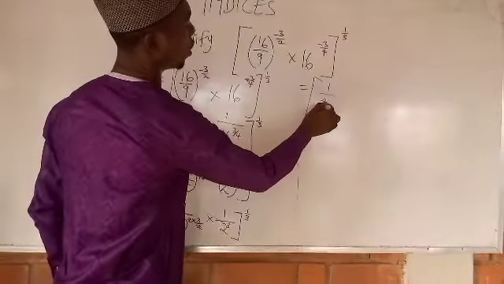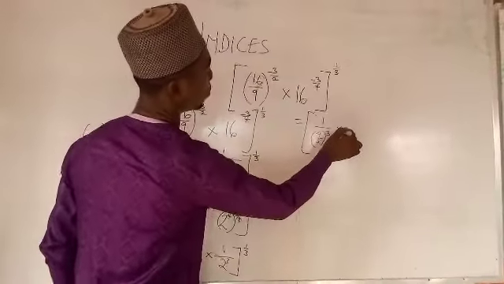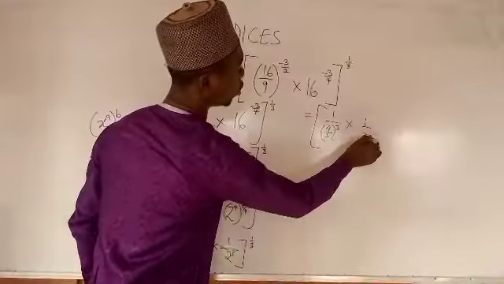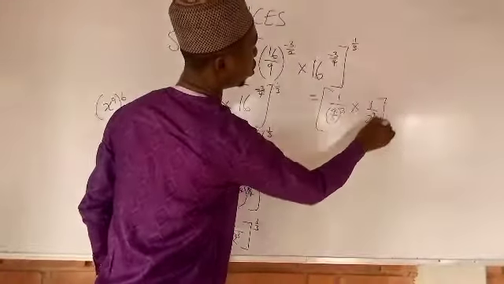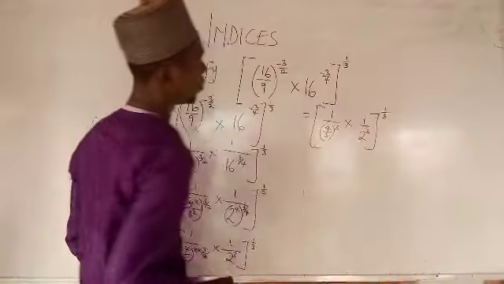4 over 3 raised to power of 3 times 1 over 2 raised to power of 3. Then raised to power of 1 over 3.